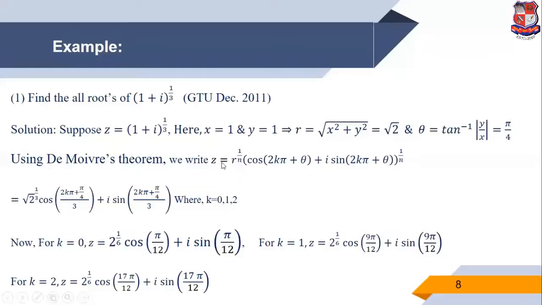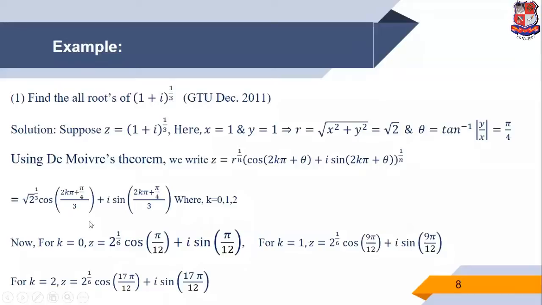So root 2 raised to 1 by 3 cos of 2k pi plus pi by 4 upon 3, because n is 3, plus I sin 2k pi plus pi by 4 upon 3, where k is 0, 1, 2. Because here n is 3, we extend the value of k up to n minus 1. So we consider k is 0, k is 1 and k is 2. So we get 3 different roots.